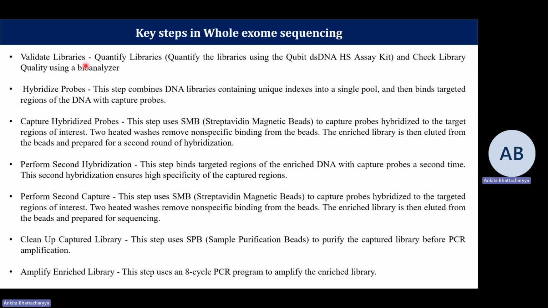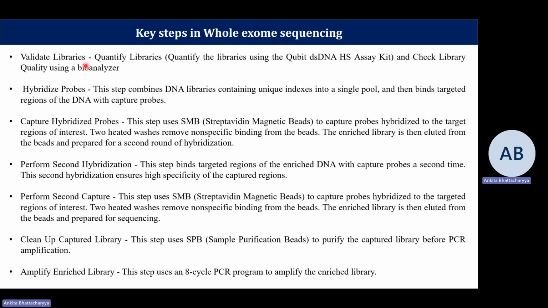Hybridized probes. This step enables us to combine DNA libraries that contain unique indices or indexes into a single pool, and then it binds targeted regions of the DNA with capture probes. So you have generated your library, you combine multiple libraries which all contain unique indexes into one pool, and then they are able to bind to capture probes at some specific regions. Again, the probes we have discussed already will select for the exonic regions of the genome.